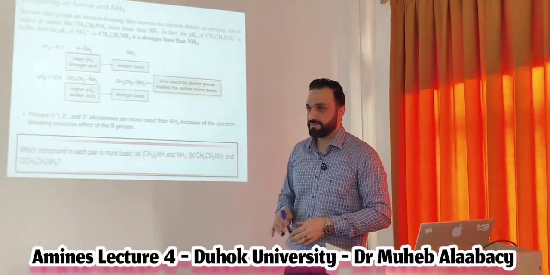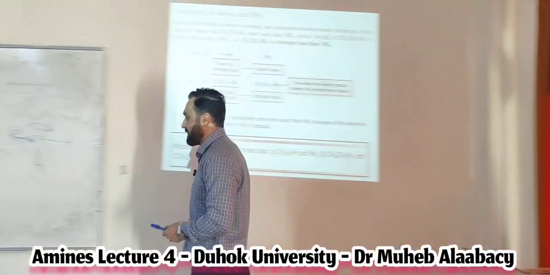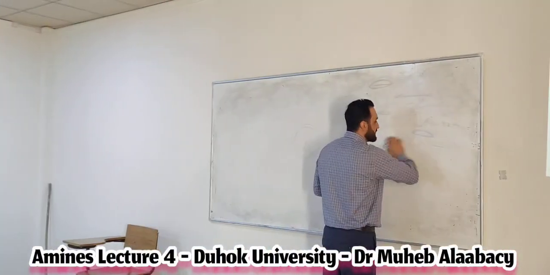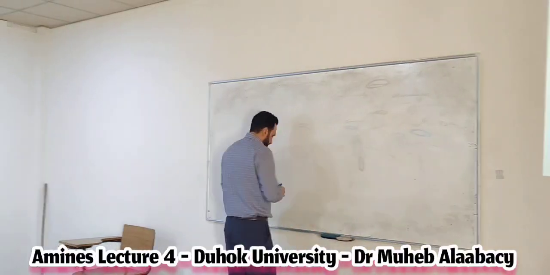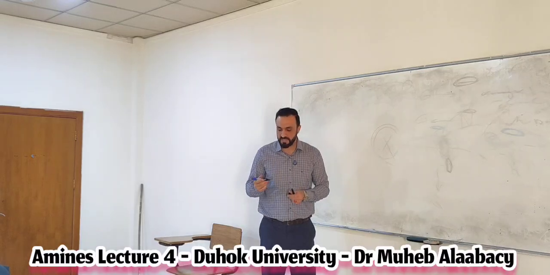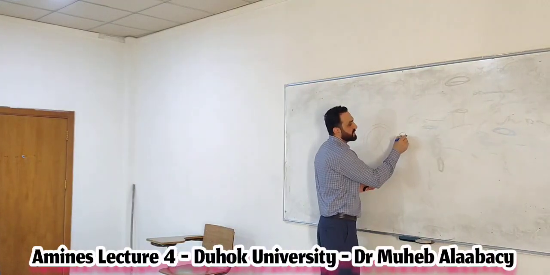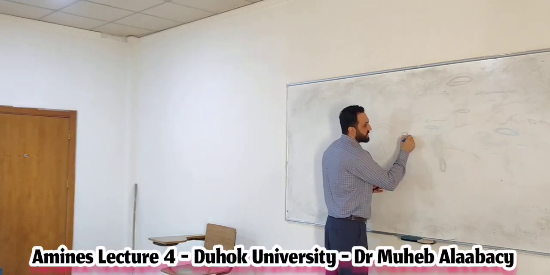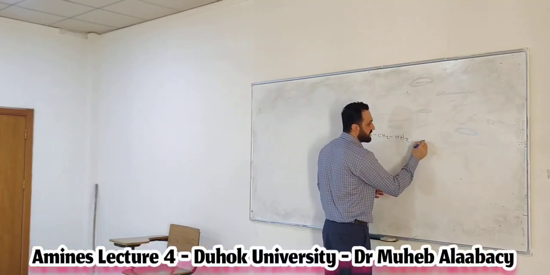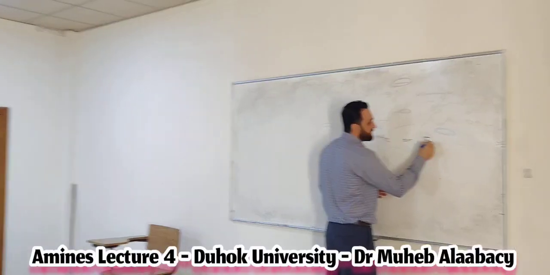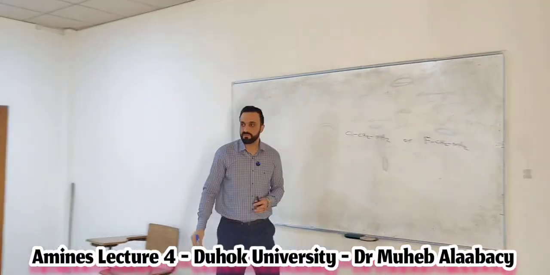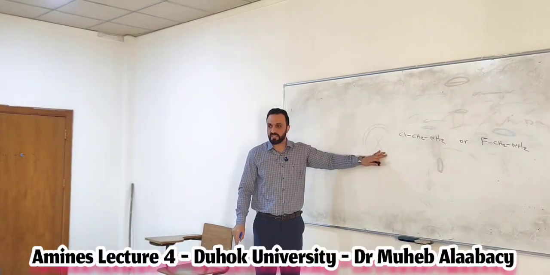Do you understand? If I give you another example: which compound has higher electron density than the other, or in other words, which compound is more basic? This ClCH2NH2 or FCH2NH2. Which is more basic?